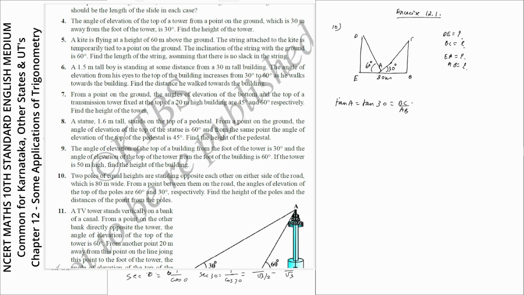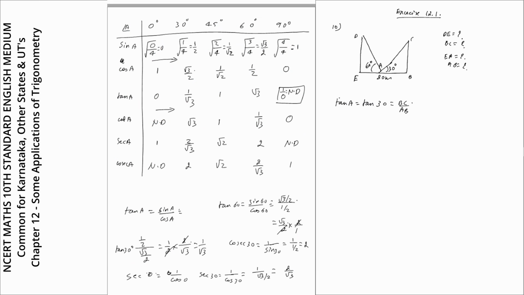So you can see in the chart, tan of 30 degrees is 1 by root 3. So 1 by root 3 is equal to BC by AB. Okay, or when you cross multiply, BC is equal to AB by root 3 you will get.